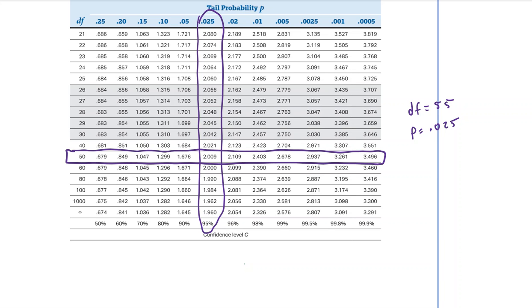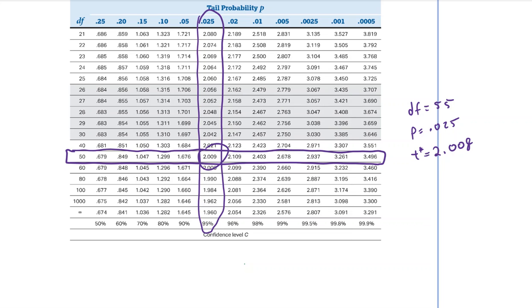So this is always going to make sure you are being more generous with your value in a sense. So that would tell me that I would use, for my critical value in this problem, a t-value of 2.009.